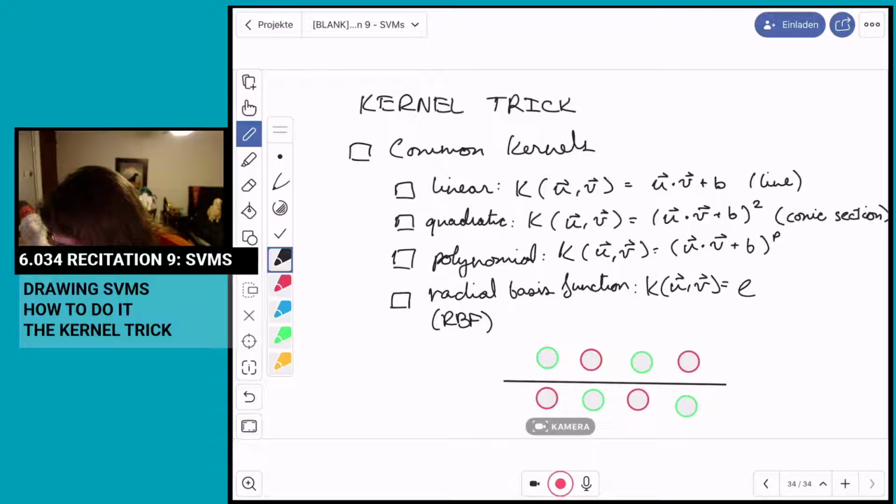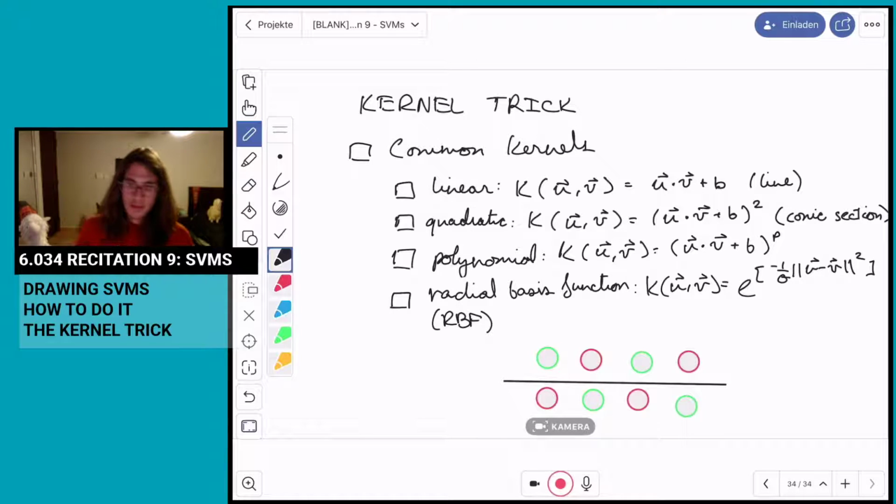E to the, and you know it's going to be bad when it starts with E, negative 1 over sigma, the magnitude of u vector minus v vector, squared. And that's all entirely the exponent of E.